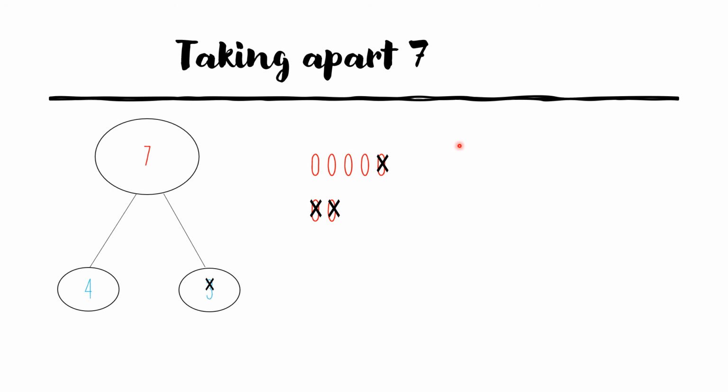Kindergarten, let's take a look at our drawings. Maybe your drawing looks similar to mine. Thumbs up if your drawing is similar to mine. Good work. So we know that our whole is 7. You got it.